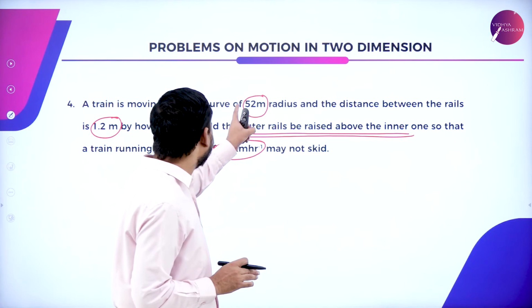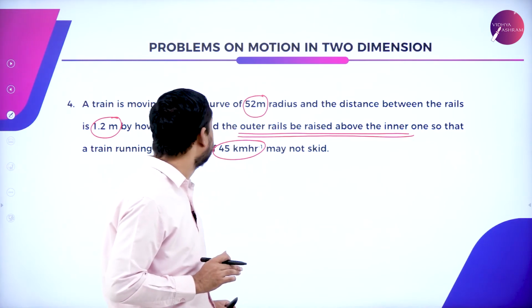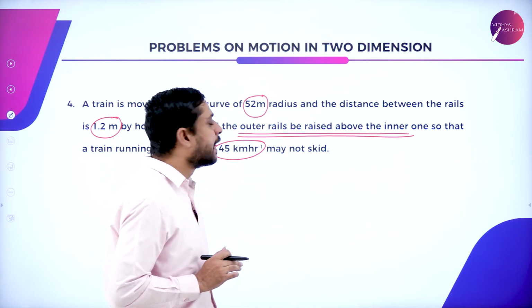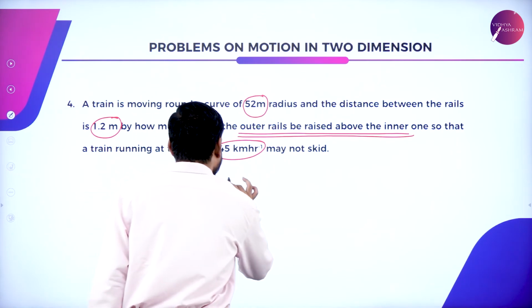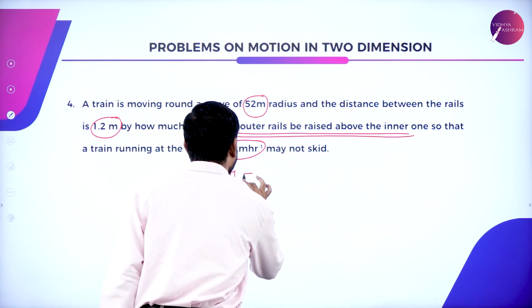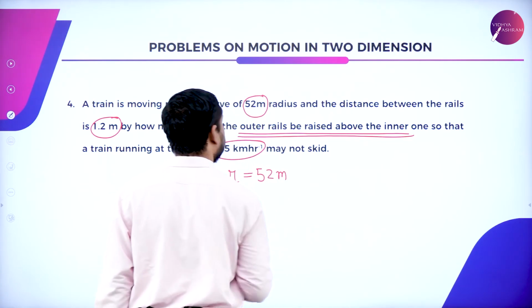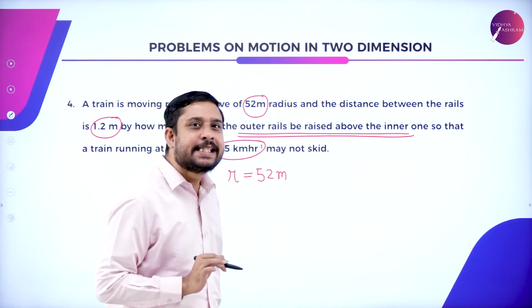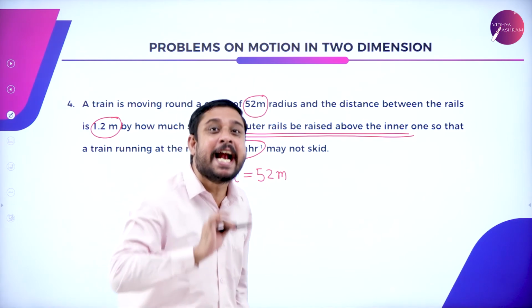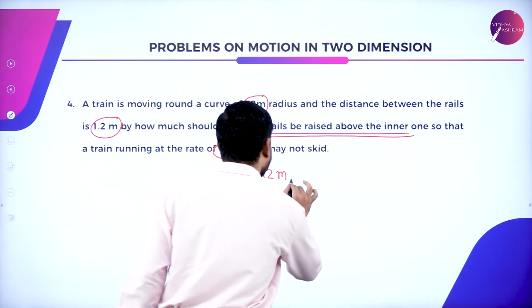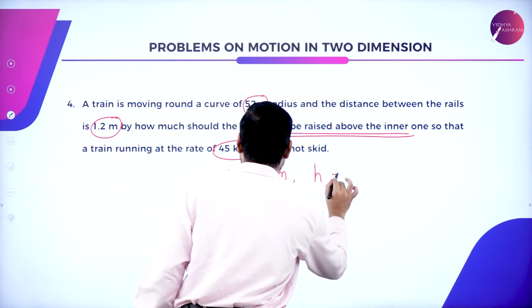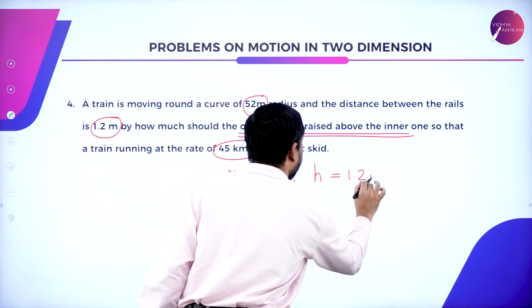So collecting the data first, the radius is given to be 52 meters. And the distance between the inner edge and the outer edge, I call the height, is 1.2 meter.